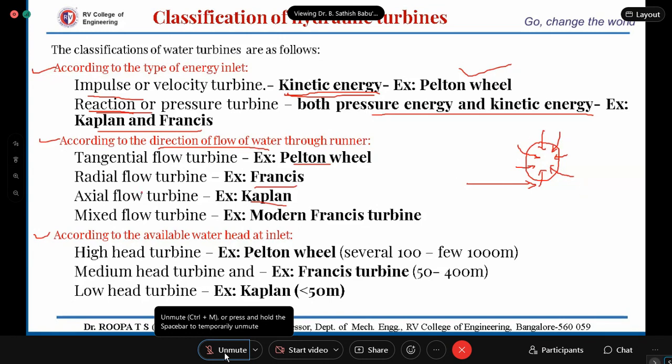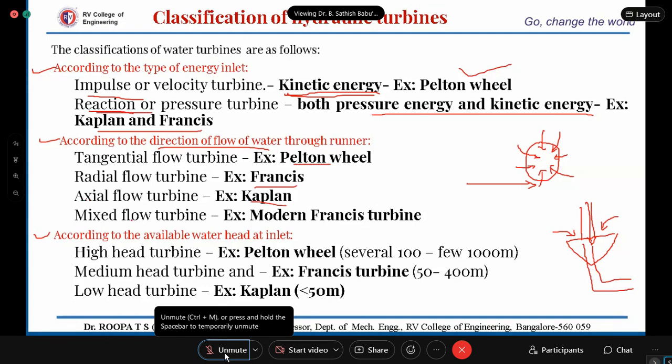If I say axial flow, suppose I take the turbine here, and the water is flowing in this direction along the shaft and striking the blades here, this will be axial flow. This is the shaft and the water is entering from all the sides like this, falling onto the blades, and it will be moving out like this. So we say it is axial flow.